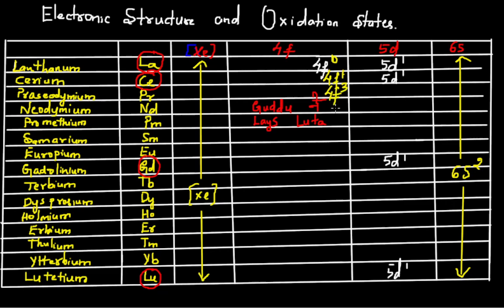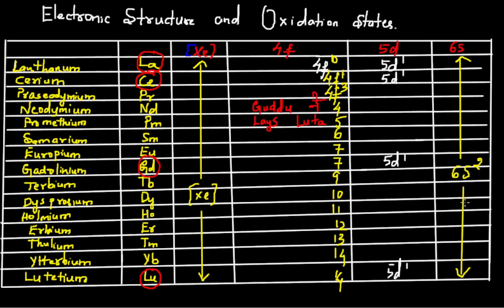Like that only, neodymium is 4f4, promethium is 4f5, samarium is 4f6, europium is 4f7. Again it is 7 because it is going to have half filled stability. Next it is not 8, it is going to be 9, 10, 11, 12, 13, 14 and again 14. Okay, so this is how you remember the electronic structure.